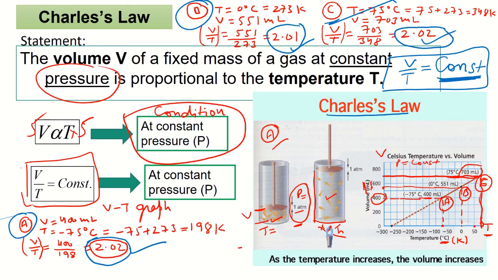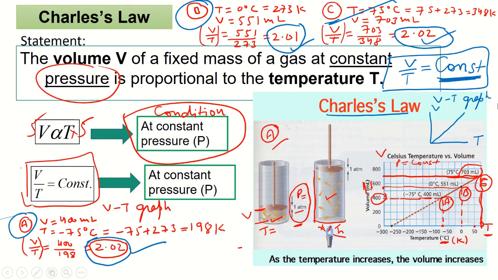For the Charles law, there is a VT graph, this I already told you. The shape of the graph is always like this. This is the temperature axis and this is the volume axis, and the shape is always going upward. This is the standard shape of the Charles law VT graph, a graph between the T and the V.